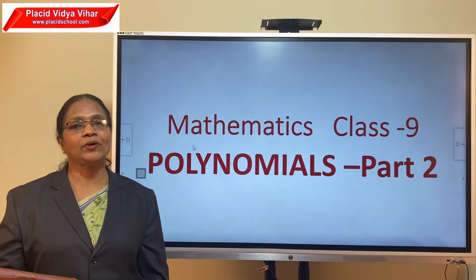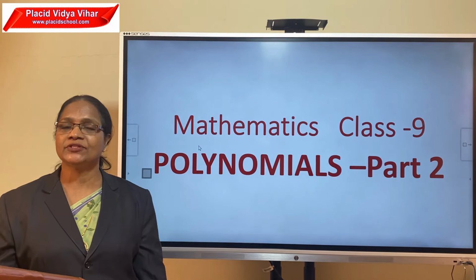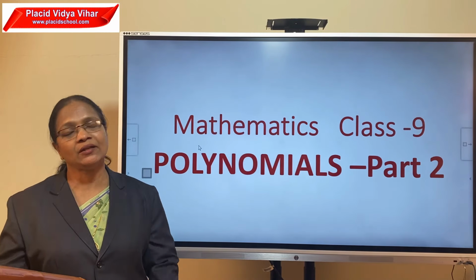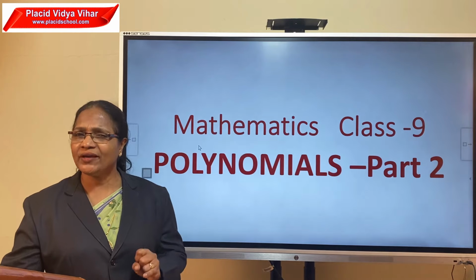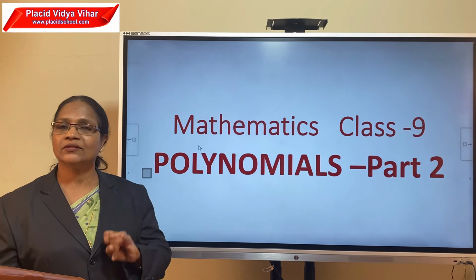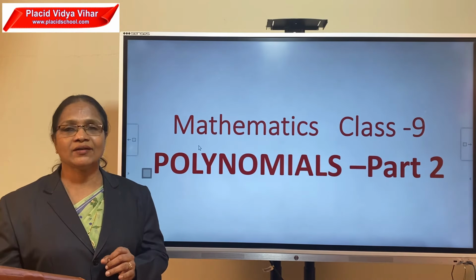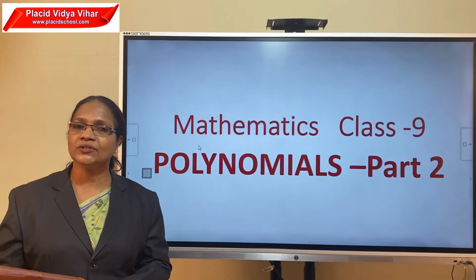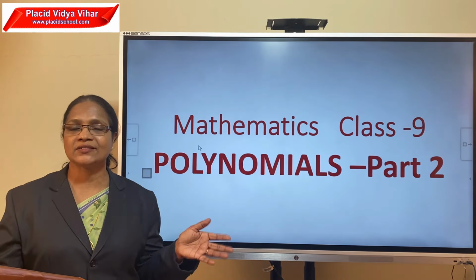We can classify the polynomial in three ways. First one, based on the numerical coefficients. Second one, based on the number of terms present in the polynomial. And the third one, based on the degree of the polynomial. Based on the numerical coefficients present in the polynomial, we can classify them as a polynomial over rational numbers if all the coefficients are rational numbers.